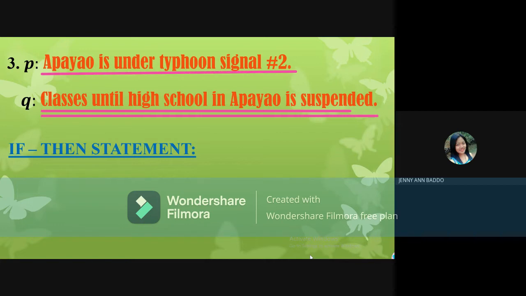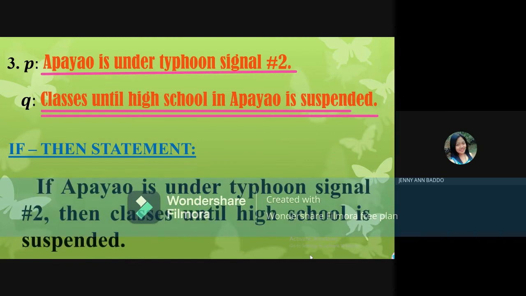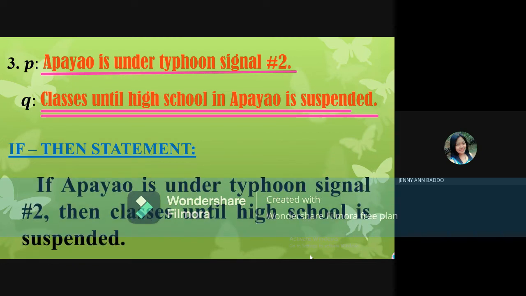We simply have to include if before the hypothesis and then before the conclusion. So we now have, if Apayao is under typhoon signal number 2, then classes until high school is suspended.